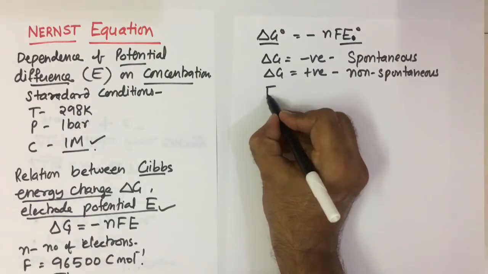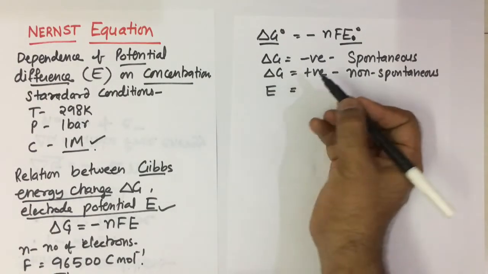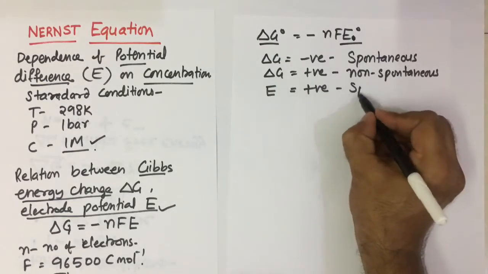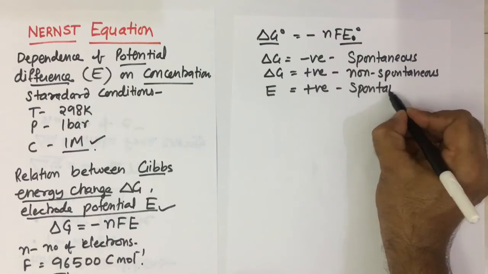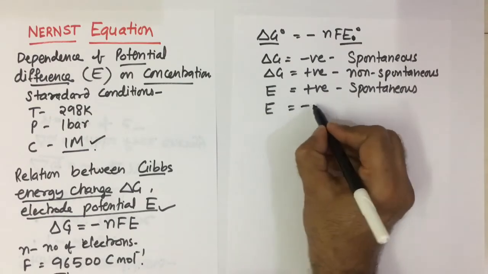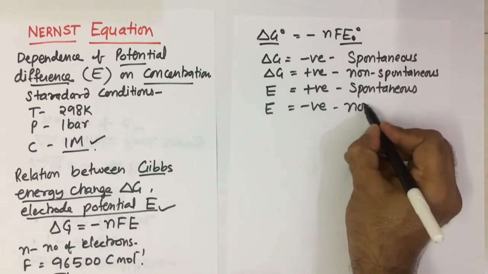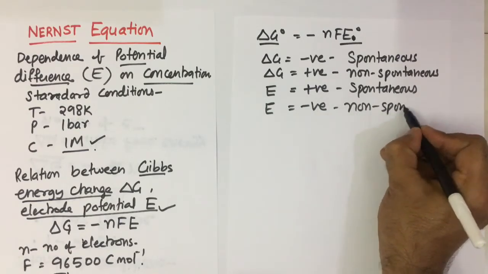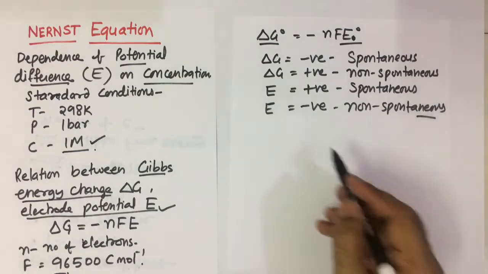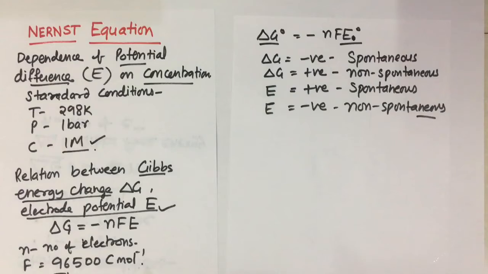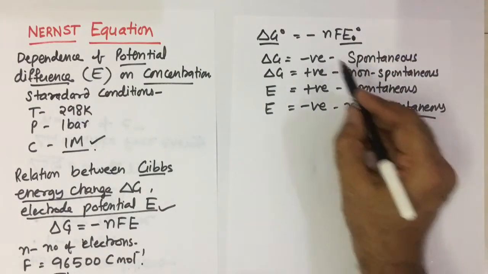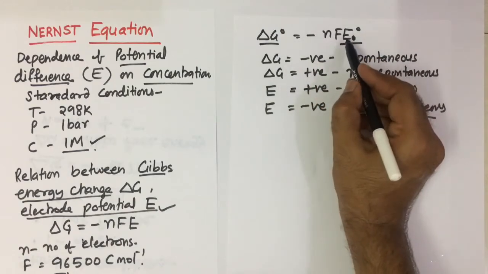Similarly, when E is positive, the reaction is spontaneous. When E is negative, the reaction is non-spontaneous. When E is positive, the expression minus nFE will be negative, so delta G will be negative.